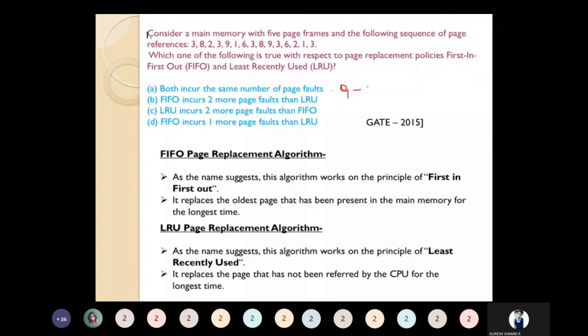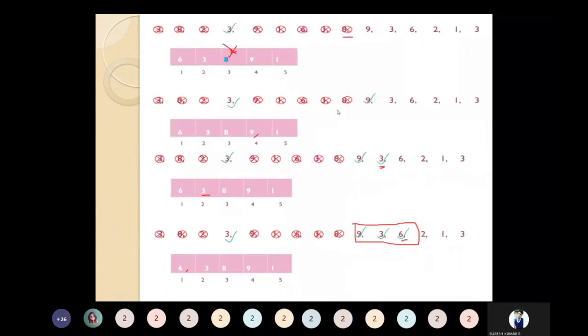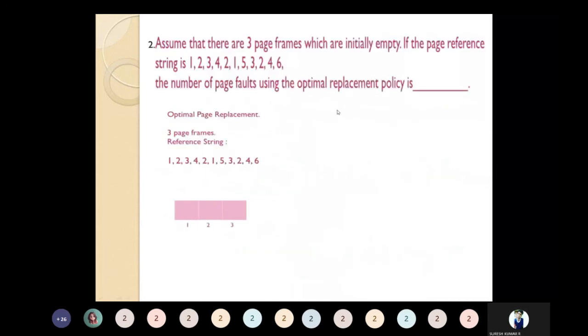So both are equal, so option A is correct. When we need to choose the answer, we have to solve with the page fault algorithm for both the FIFO and LRU methods. Then only do we get the solution. So this is an important and frequent question.